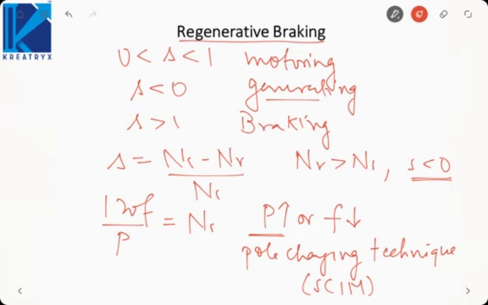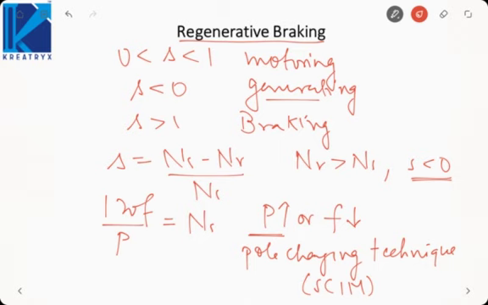If the number of poles doubles, synchronous speed will be reduced to half. But if I have an inverter or a cycloconverter, then I can change the input frequency to the motor. If we reduce the frequency, then the synchronous speed will go down and become lower than the rotor speed. So these two are the methods to control the synchronous speed.